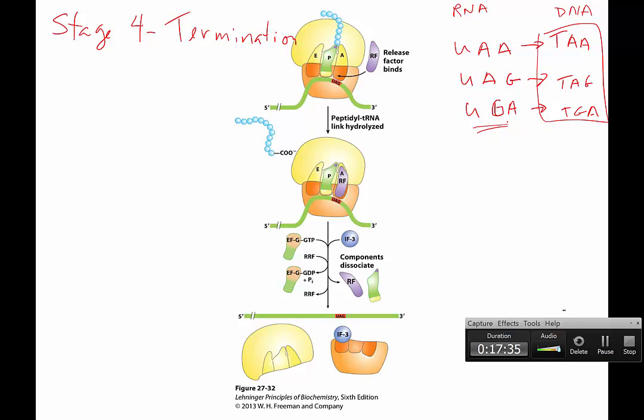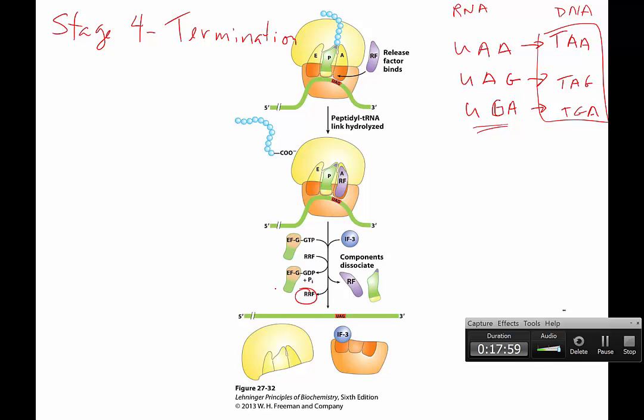And so there are these 3 stop codons, and in bacteria there are 2 release factors. And there's also a thing known as the ribosomal recycling factor. And so the ribosomal recycling factor is this guy right here. And it turns out that termination then takes place in 2 steps.